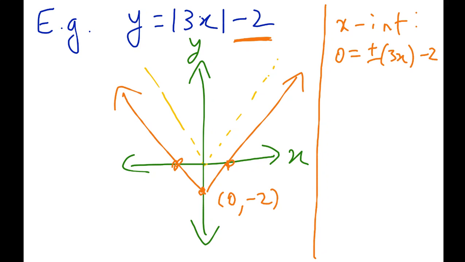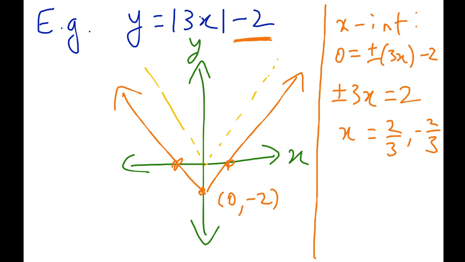So you have plus or minus 3x, minus 2 equals 0, so plus or minus 3x is equal to 2. When you solve for it, you then have x equals 2 over 3 and negative 2 over 3.